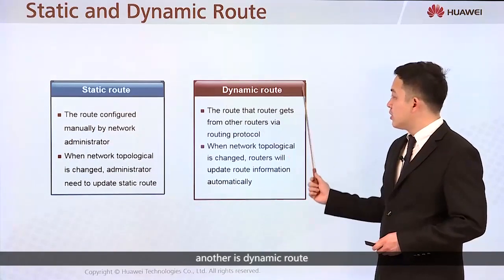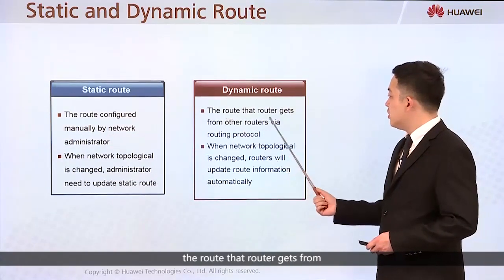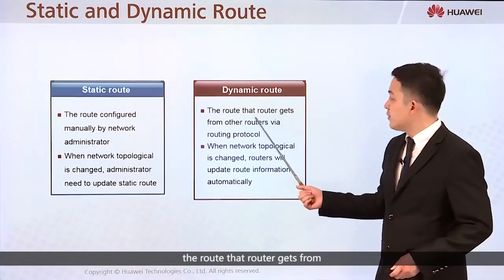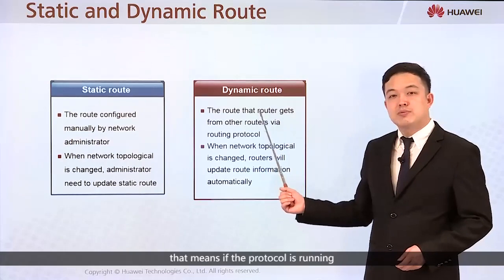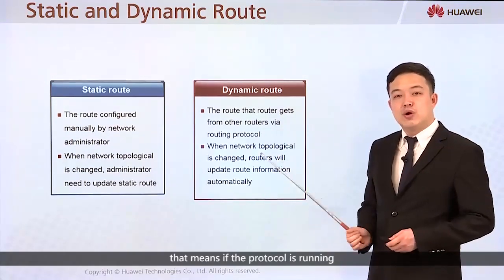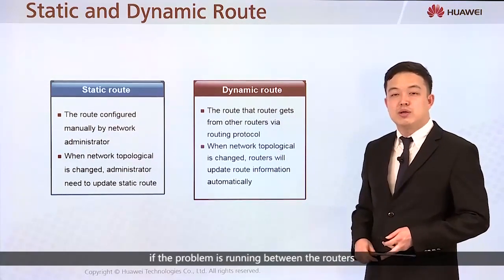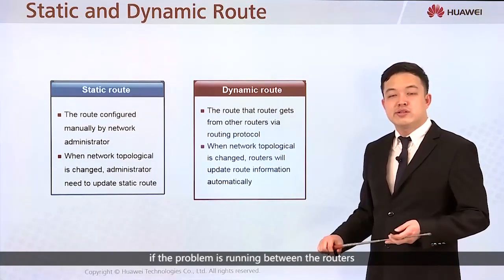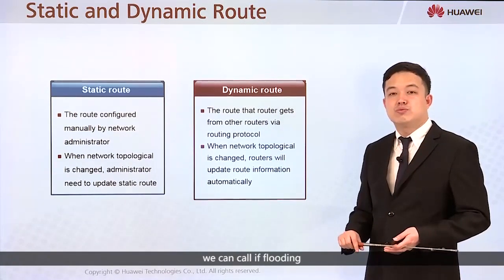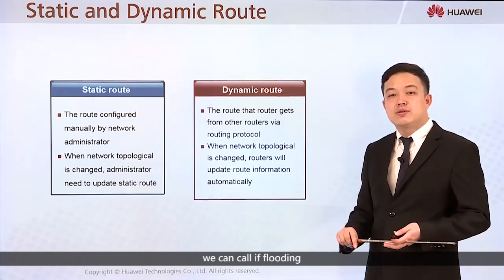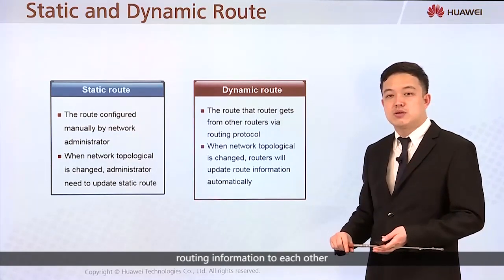Another is the dynamic route. The routes a router gets from other routers via a routing protocol. That means if the protocol is running between the routers, they will share, or we can call it flooding, the routing information to each other.